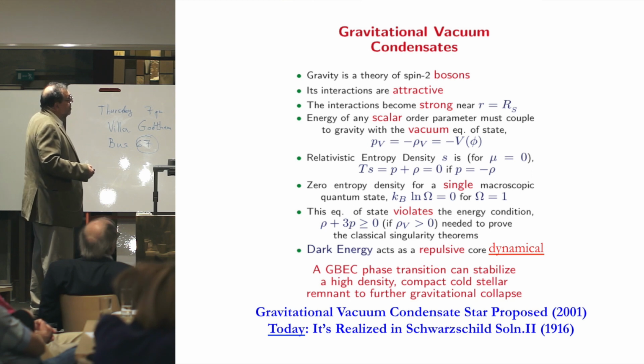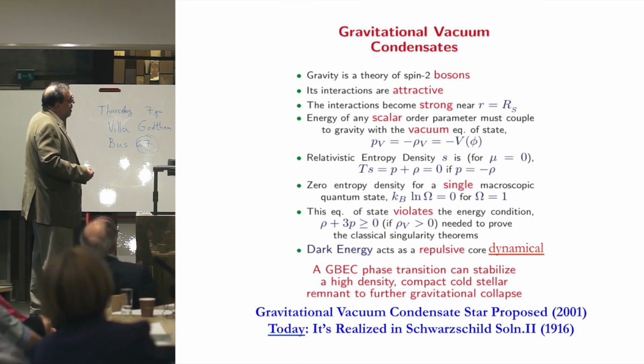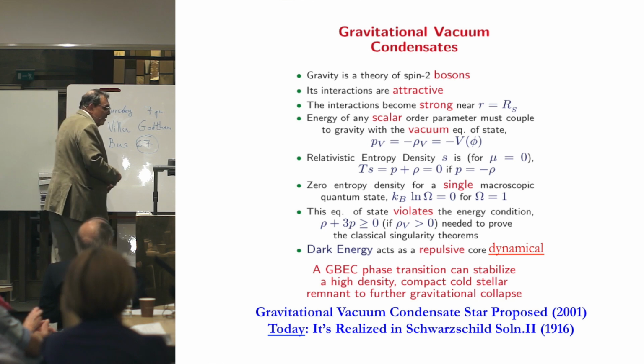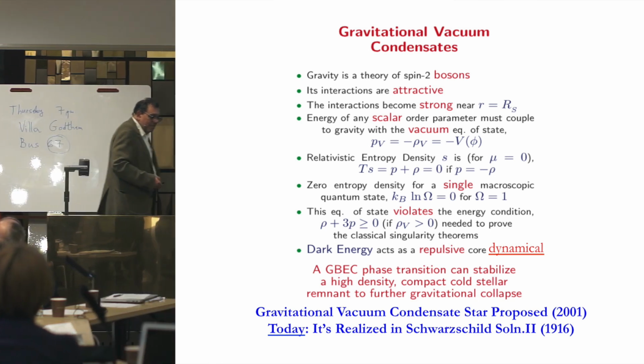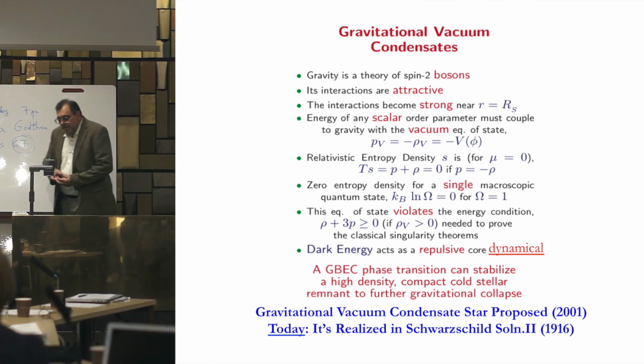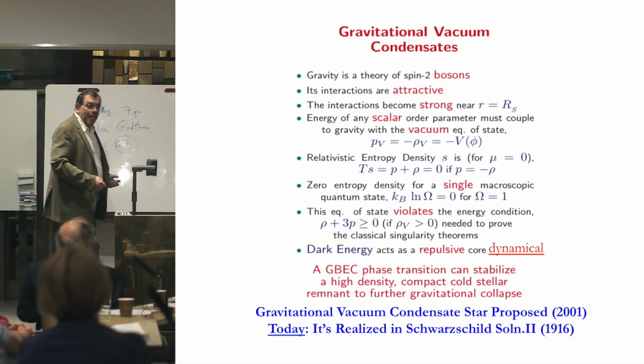And so we call this idea a gravitational Bose-Einstein condensate, and these are, again, just general physical ideas. I want to show you how it's realized. So we proposed this back in 2001, and now today I'm going to talk about how this can actually be shown to come about in Schwarzschild's second paper.